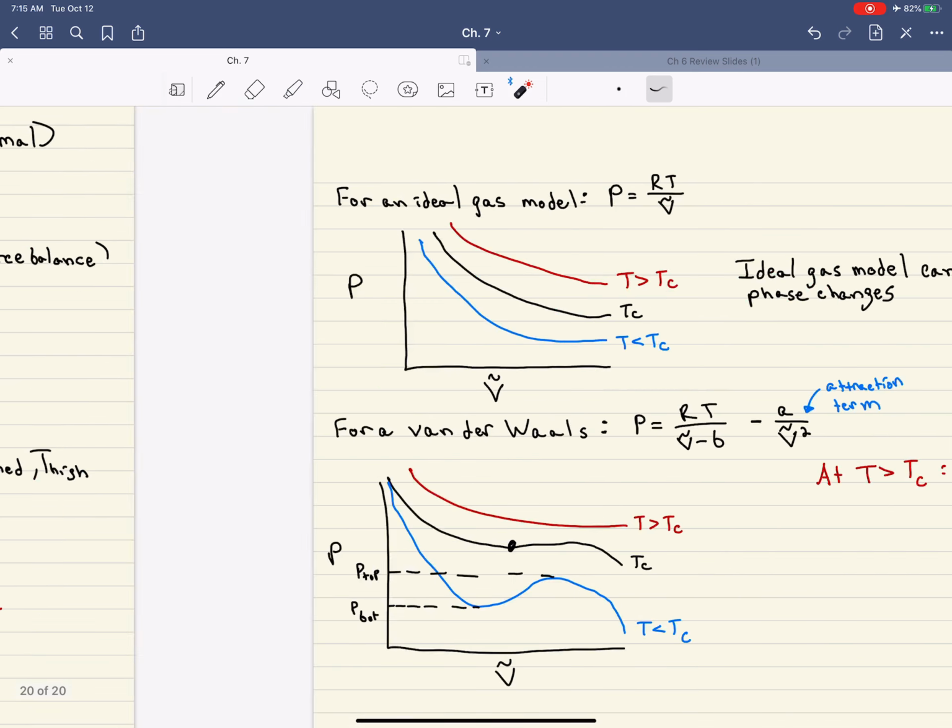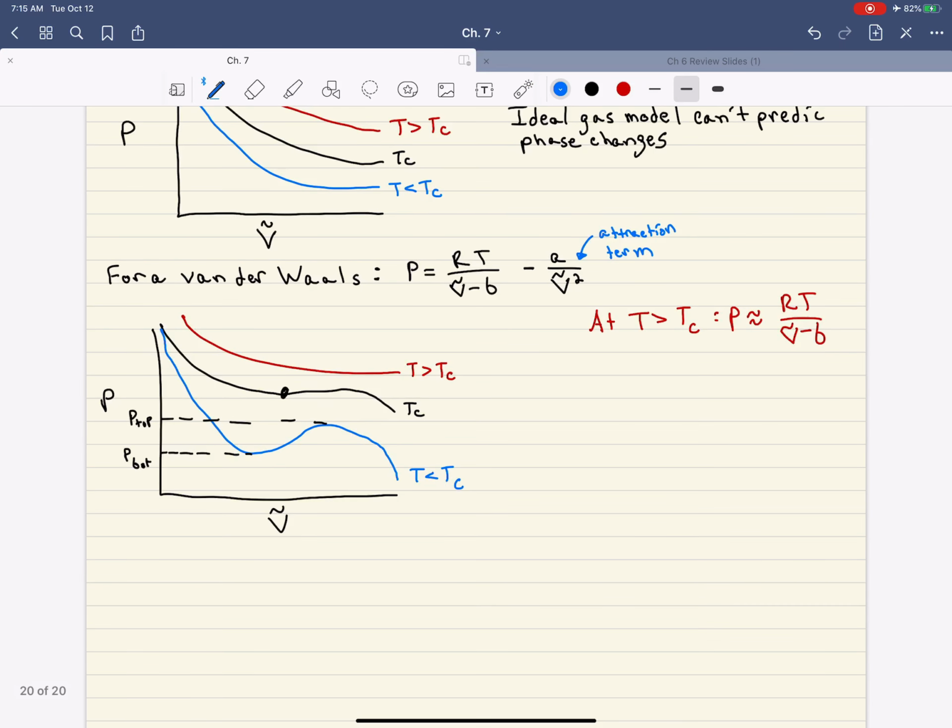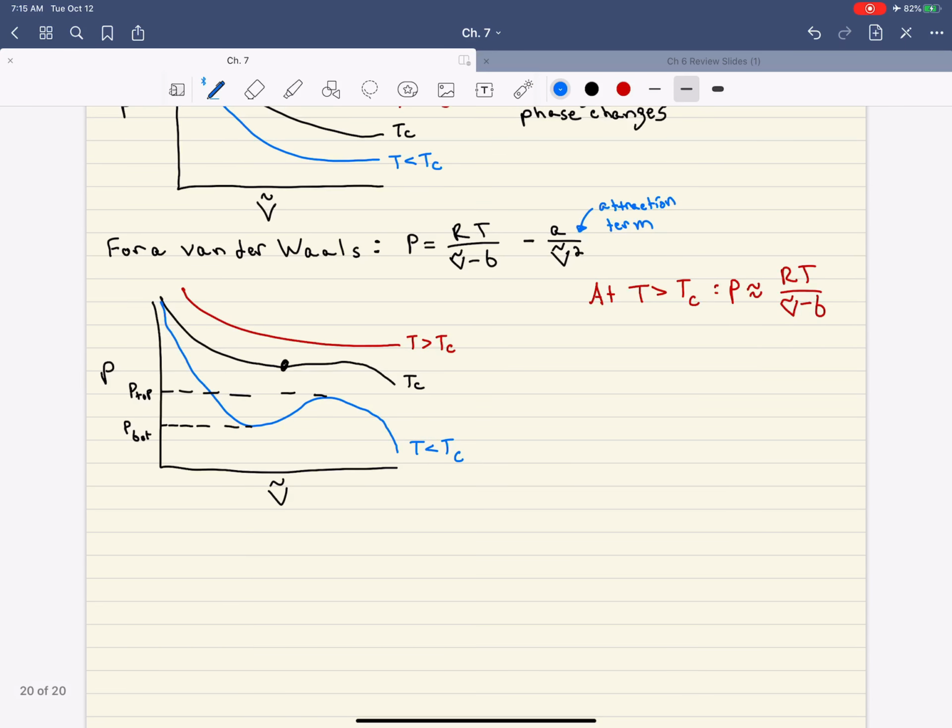What I mean by that is there is some pressure value, P sat, in which the volumes it corresponds to are the vapor molar volume and the liquid molar volume. But between P top and P bottom, you can see that there are a lot of pressure values that correspond to multiple volume values.